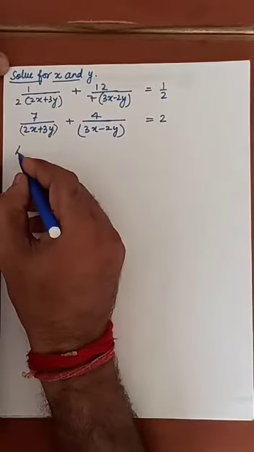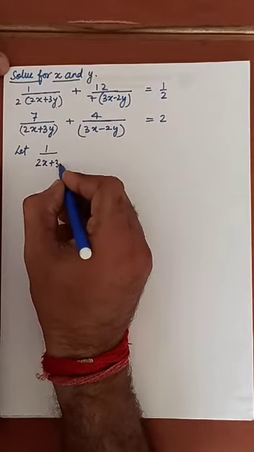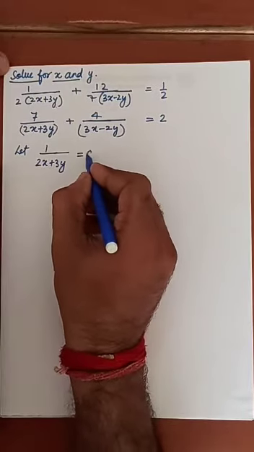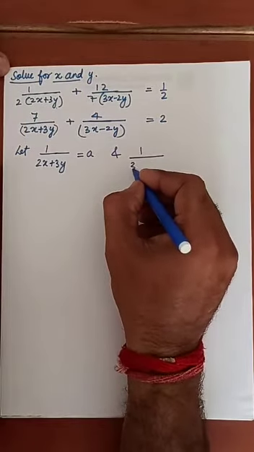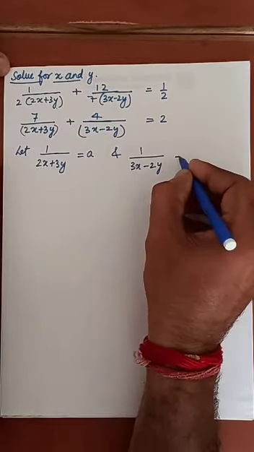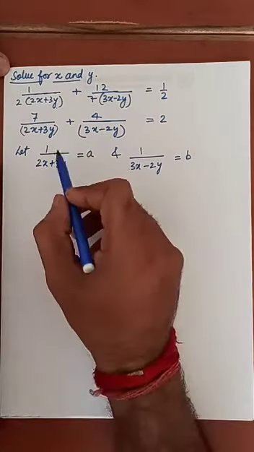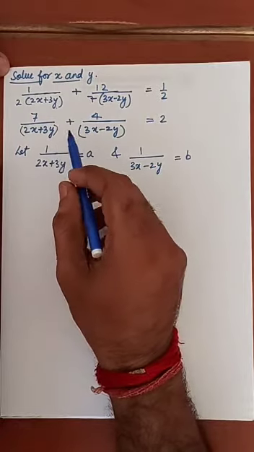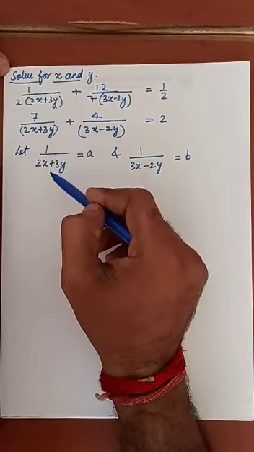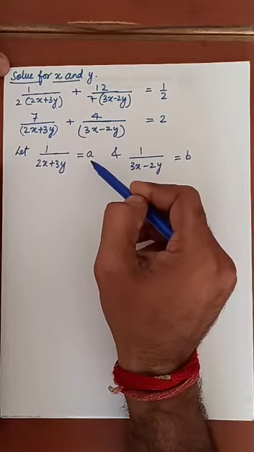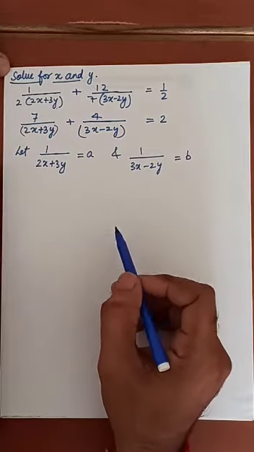So we can consider, let 1 upon 2x plus 3y be a and 1 upon 3x minus 2y be another variable b. Always consider a variable which is not given in the question. x and y are already given in the question, so you cannot consider a variable equal to x again. Any other variable can be used.